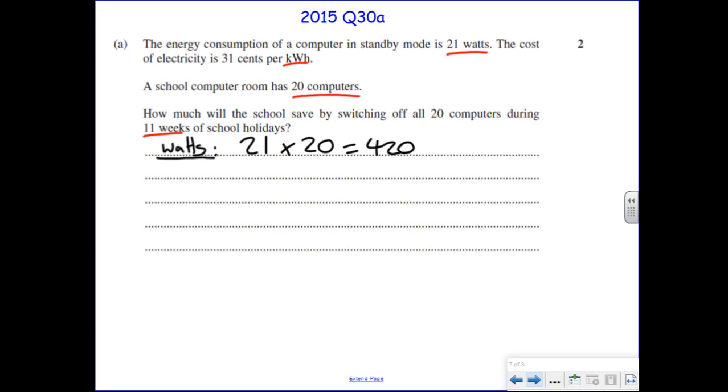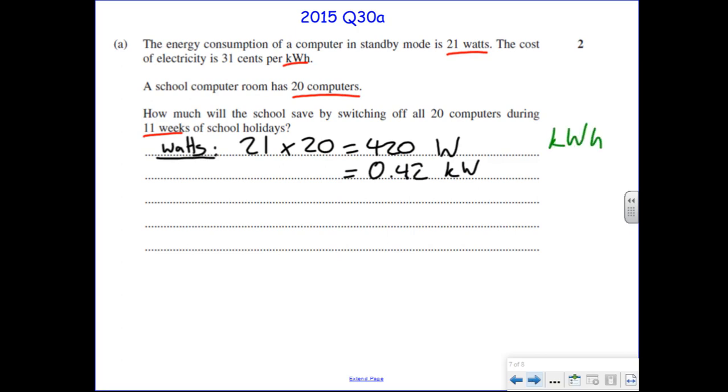So there are 420 watts being consumed, and if we want kilowatt hours, we want to change that into kilowatts. So this is 0.42 kilowatts.